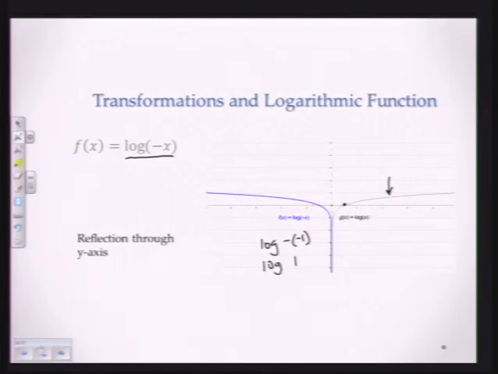Well, the log of 1 is 0. Now, its counterpart over here will be negative 1, 0 in that case. And so we have a nice reflection through the y-axis, or symmetry about the y-axis.